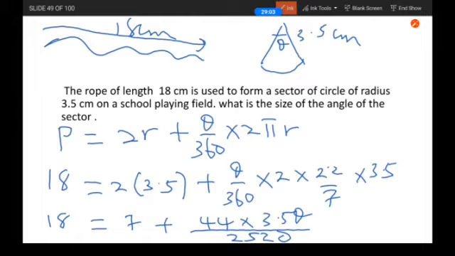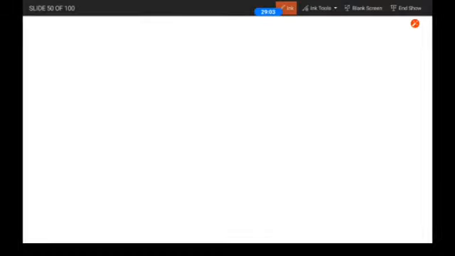The 7 can go to the other side, and that will be 18 minus 7 equals 44 times 3.5 divided by 2520, so I'm going to be getting 0.06111 theta.